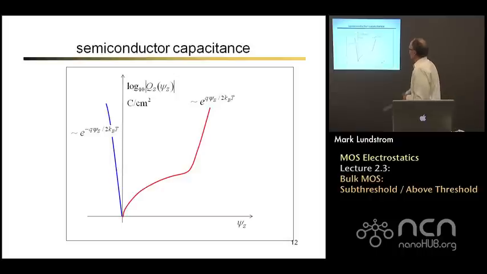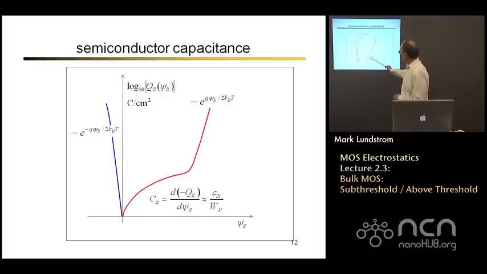So remember, we understand qualitatively, and it's relatively easy to do this numerically, as discussed in books like Pierret's reference. This is the charge as a function of surface potential. All right. Capacitance is the derivative of minus Q with respect to psi s.